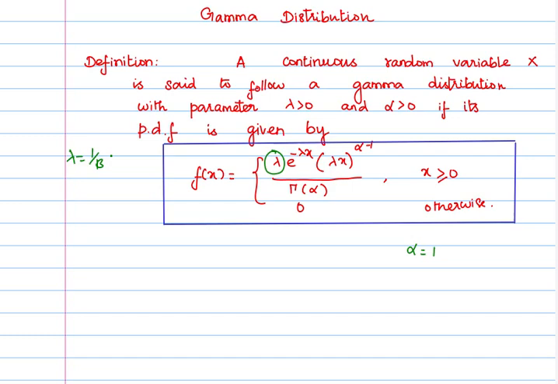Whenever lambda equal to 1, suppose I choose lambda equal to 1, then my probability density function f of x becomes exponential of minus x times x power alpha minus 1 divided by gamma of alpha, whenever x is greater than or equal to 0, 0 otherwise.